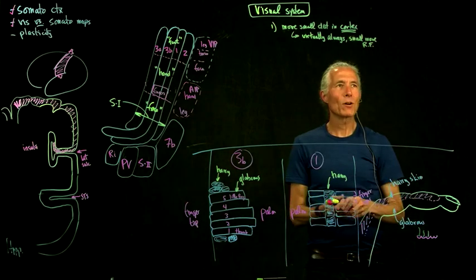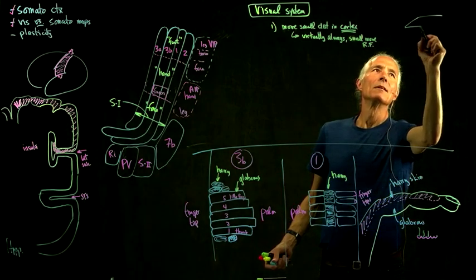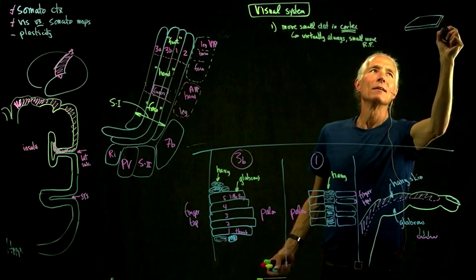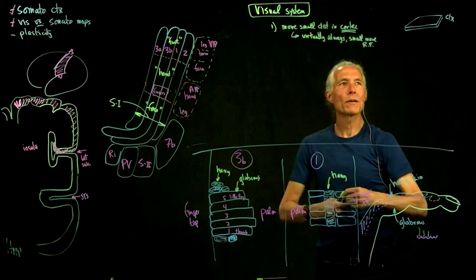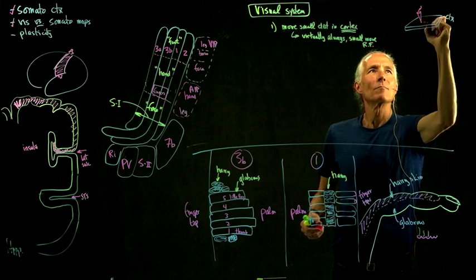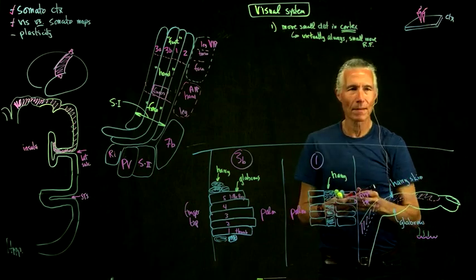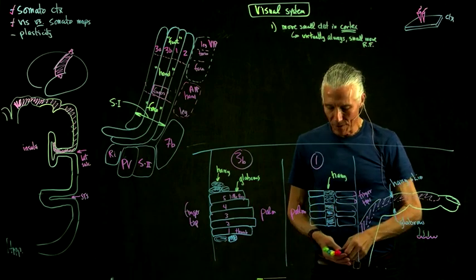It means if we go into the cortex, so here's a little chunk of cortex. If we record, so we put an electrode over here, and then we move it a small distance. What is a small distance? Like, less than a millimeter. And then look out in the visual world.